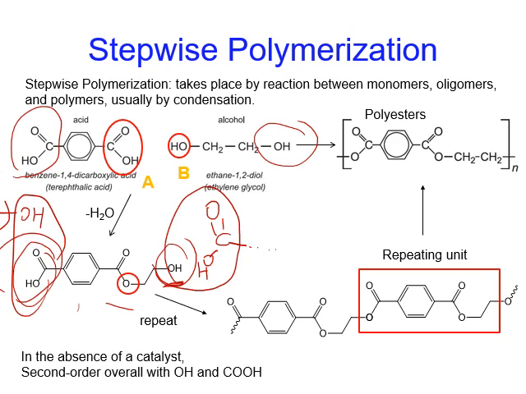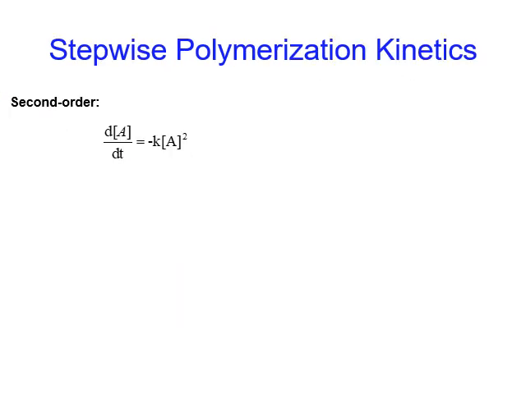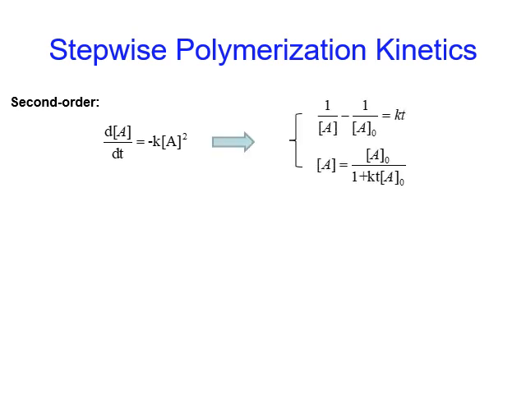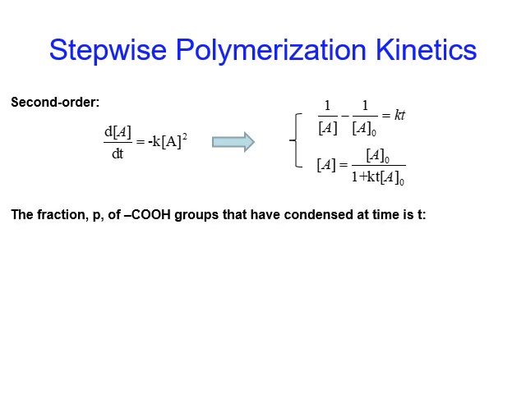Stepwise reactions are usually second order reactions because the reaction is between two molecules. Since stepwise polymerization is a second order reaction, the integral rate law follows second order. And let's define P as the fraction of functional groups that have condensed at time t.